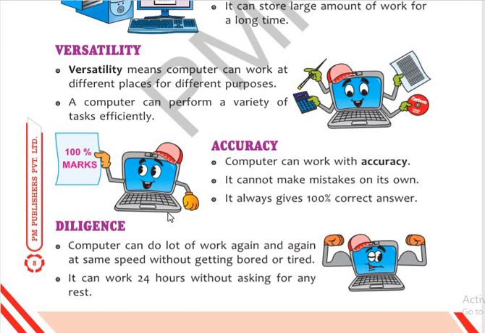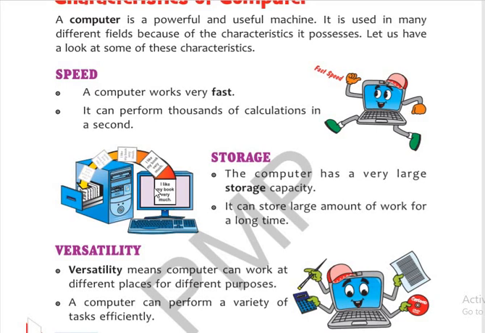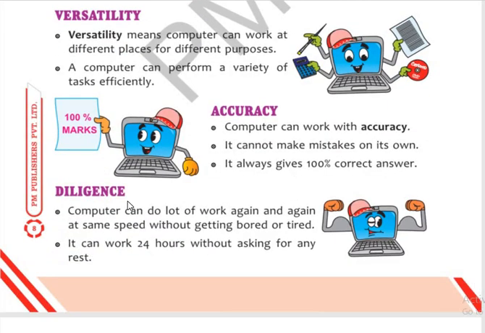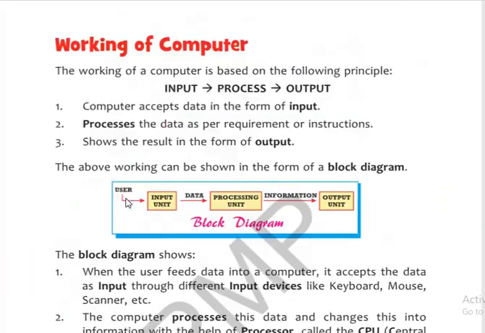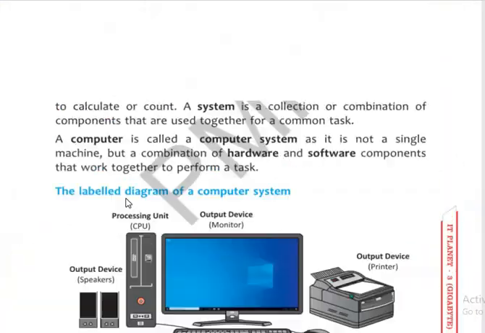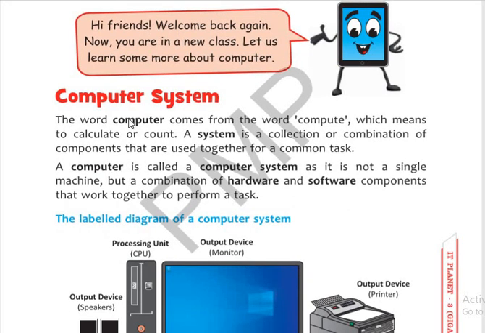So this was the last topic, characteristics of computers, where we have seen the 5 characteristics: speed, storage, versatility, accuracy and diligence. These were the topics that we have covered in the first chapter. I will summarize what we have taken in the first chapter. First was the computer system, where computer means to compute, to calculate, and system means a combination of many components working for a common task.